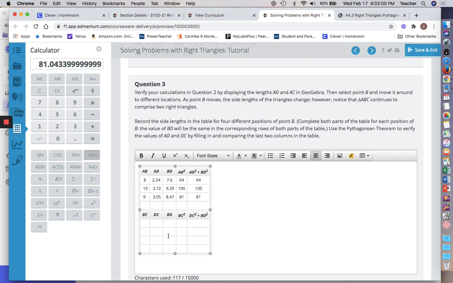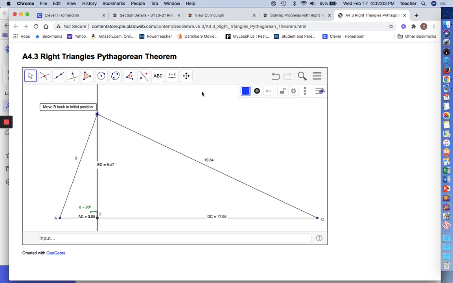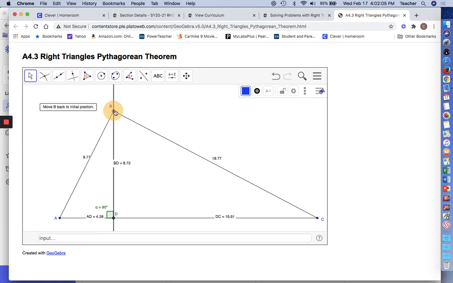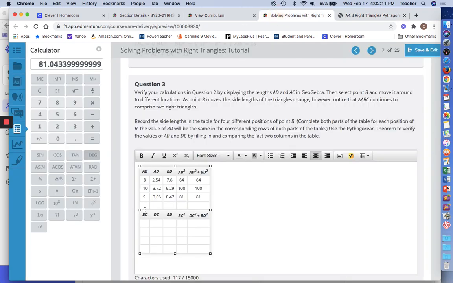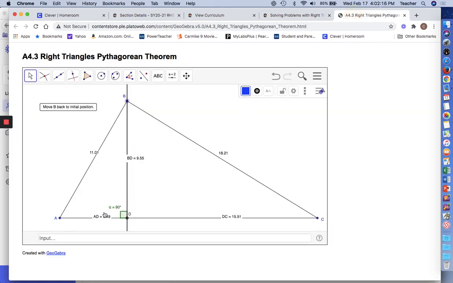One more. I'm going to leave the next one for you to do. I've done 8, done 10, done 9. How about 11? Pretty close. So I'll make that an 11. AD is 5.49.